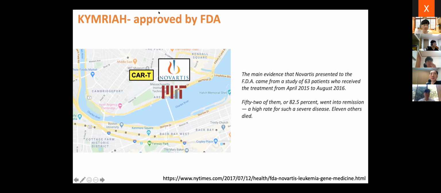Okay. CD19 is actually the marker for B cells, so it's a marker for general B cells. Then this drug, Kymriah, can be used only for B cell originated leukemia, maybe? Yes, it can only be used in B cell leukemia.